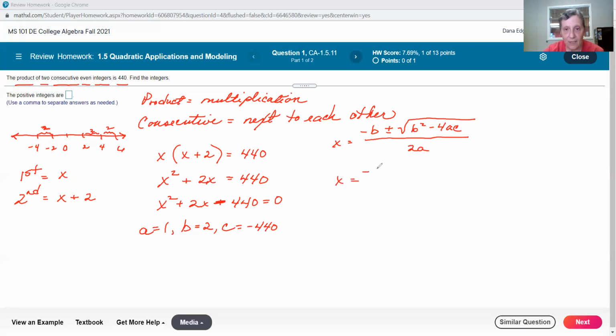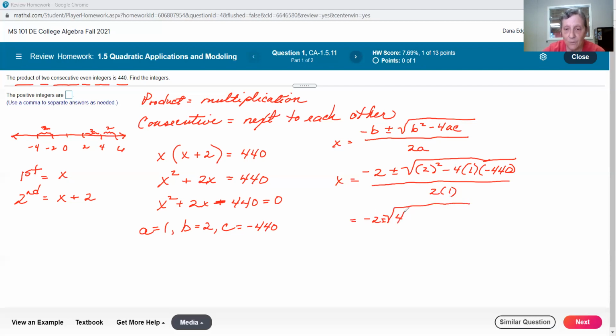So x is going to be negative b, which is 2, plus or minus the square root of 2 squared. Remember, this will always be positive no matter what. Minus 4 times 1 times negative 440, all over 2 times 1. So negative 2 plus or minus the square root of 4.